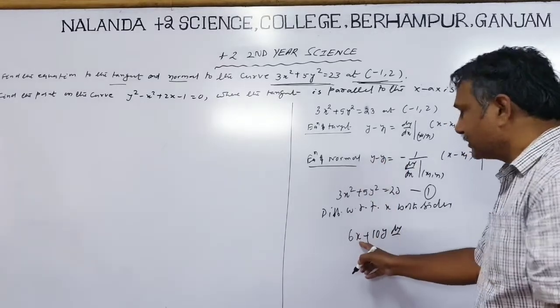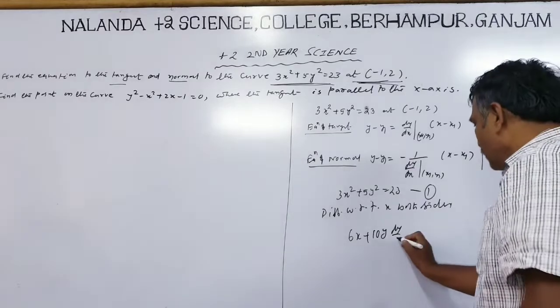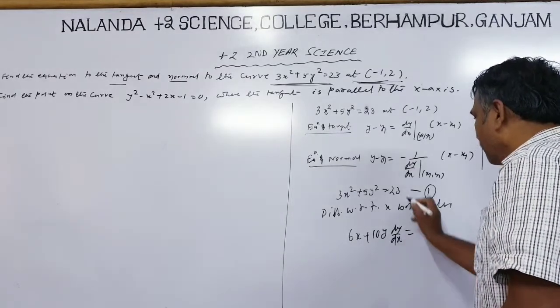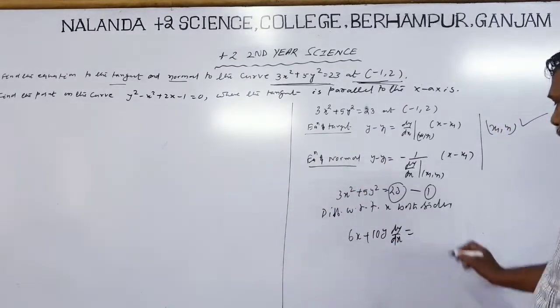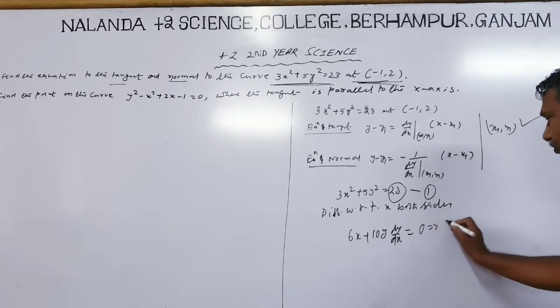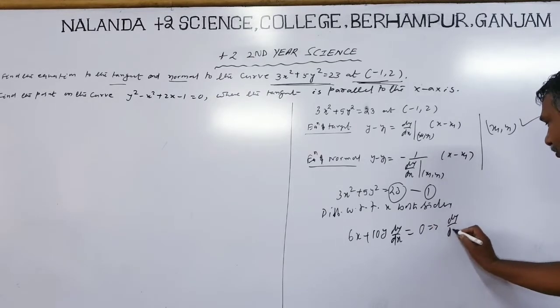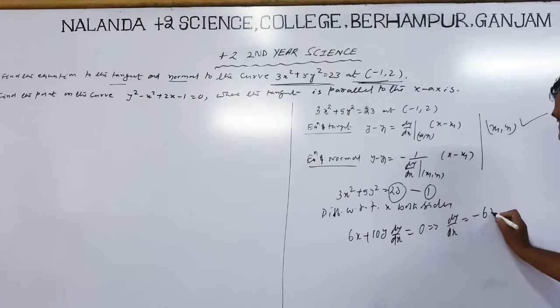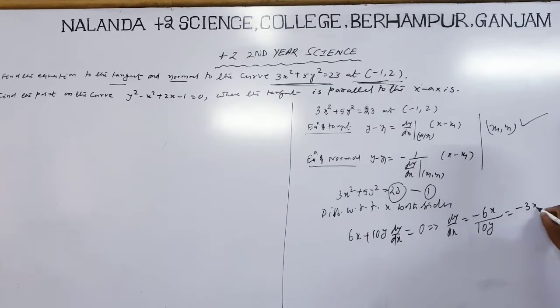Here with respect to x, dx by dx equal to 1. The derivative of a constant is equal to 0. Now dy by dx equal to minus 6x by 10y, or minus 3x by 5y.